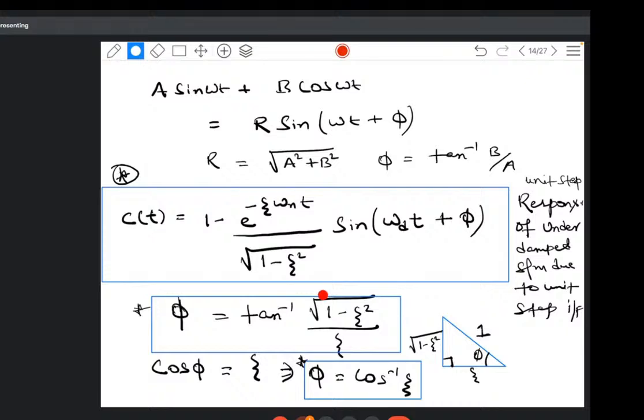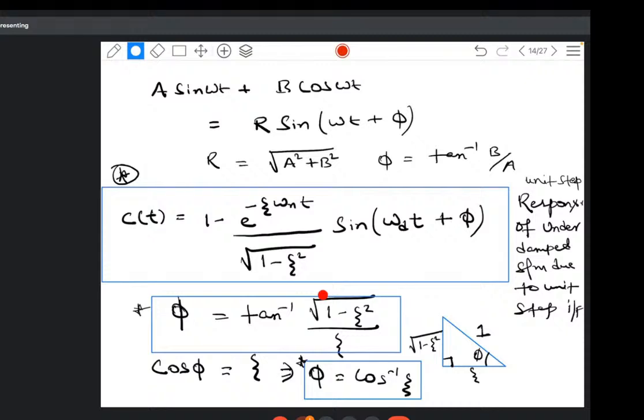Tell me if there is any doubt. Only these two are required, guys. The derivation part is not required, but still if you want, you can check in your GATE workbook or in any standard book like I. J. Nagrath.